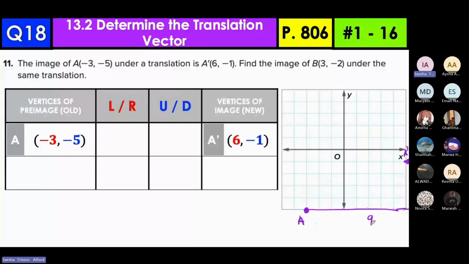So 9. So I went right 9. And then how many up? 1, 2, 3, this one 4. Sorry, you can't see it clear. 1, 2, 3, 4. So we went up 4.